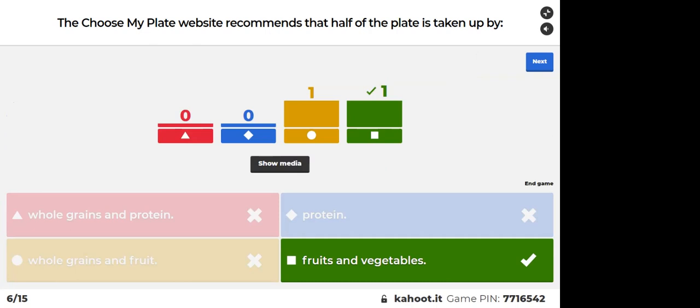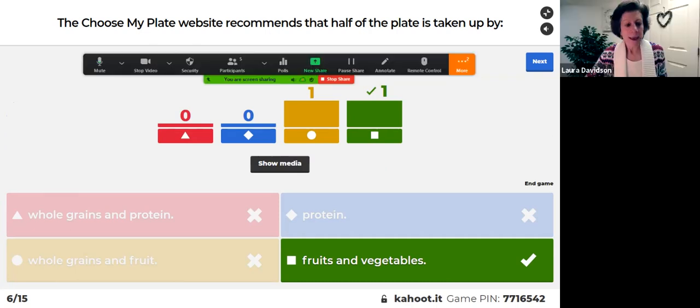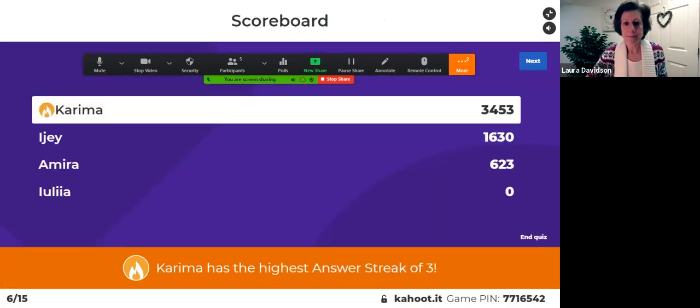Not bad. It's fruits and vegetables. And the new plate still stresses that. Whole grains and fruit. Does that make sense? There's not a whole lot of difference, but the emphasis is on half of the plate being from fruits and vegetables. Okay. All right.